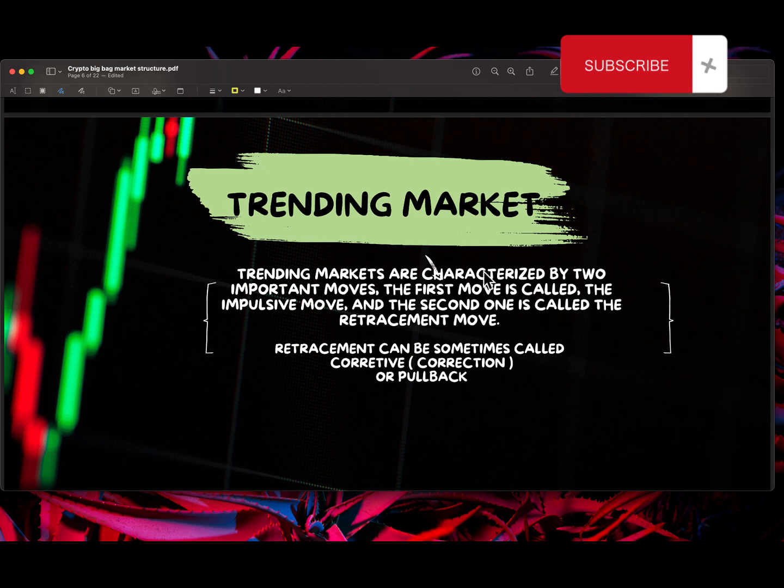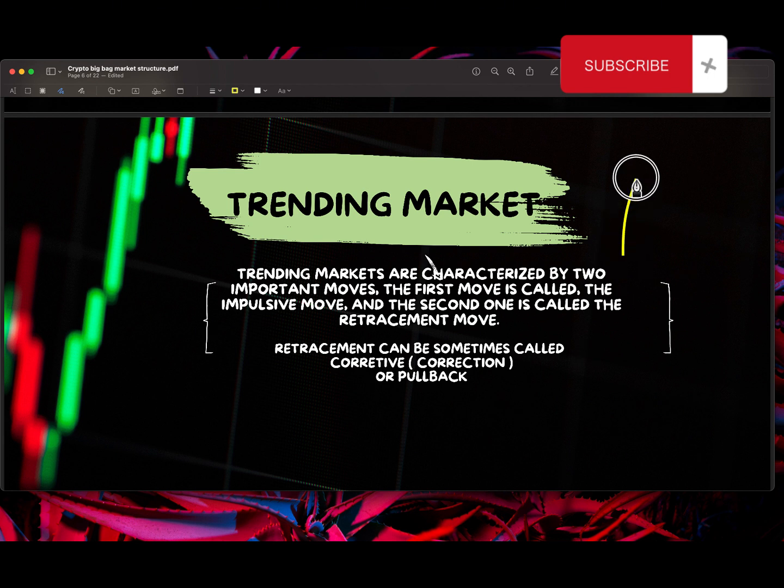Important moves: the first move is called an impulsive move, and the second move is called a retracement move. Sometimes a retracement can be called a corrective move, a correction, or a pullback. Those are the types of moves you get.